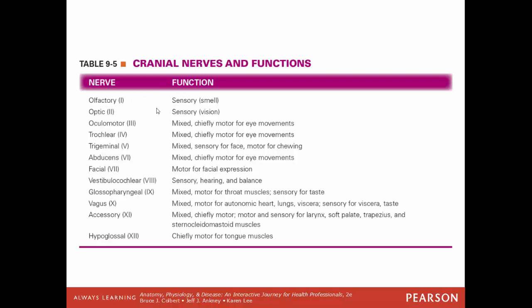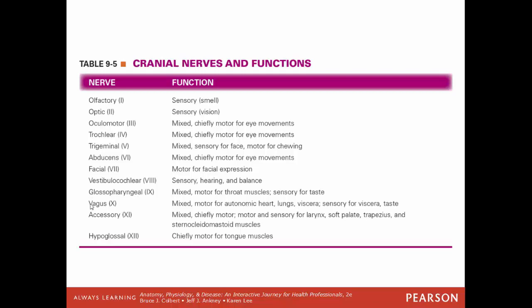So we have the olfactory, which deals with smell; optic, which deals with vision; oculomotor, movements of the eye; trochlear, other movements of the eye; trigeminal, sensory information for the face and the motor function for chewing; abducens, eye movements as well; facial, the motor control of facial expressions; vestibulocochlear, balance, hearing, and so on; glossopharyngeal, the sensory information for taste and the movement of throat muscles; vagus nerve, sensory information to the viscera, taste, autonomic heart and lung function.